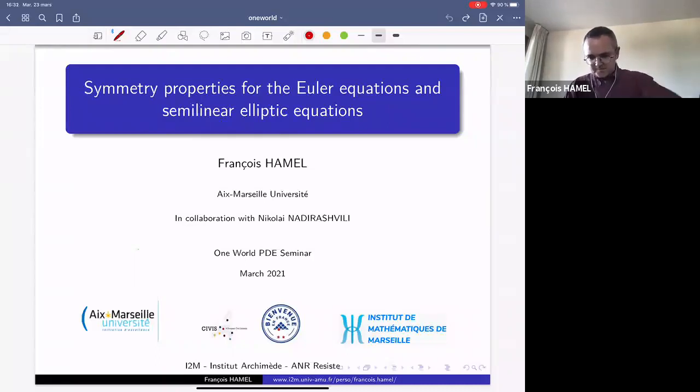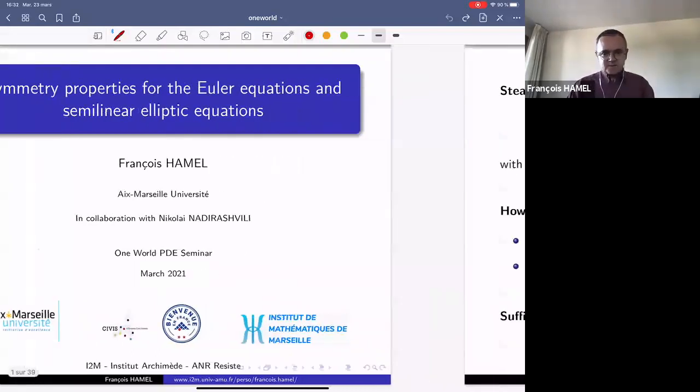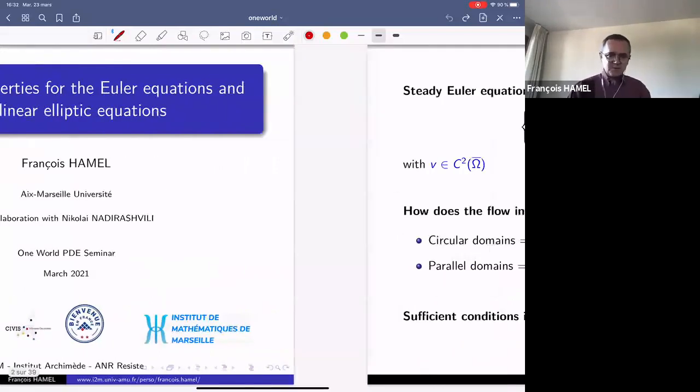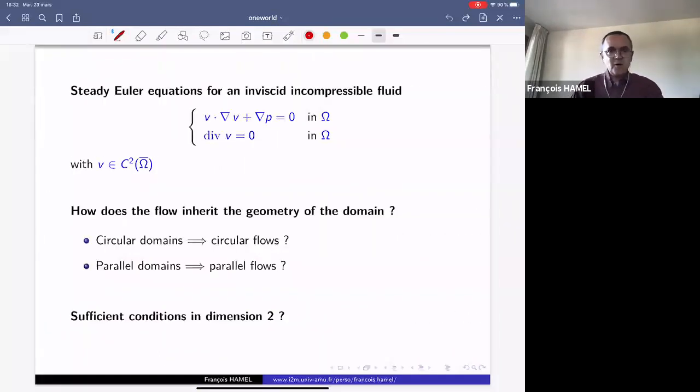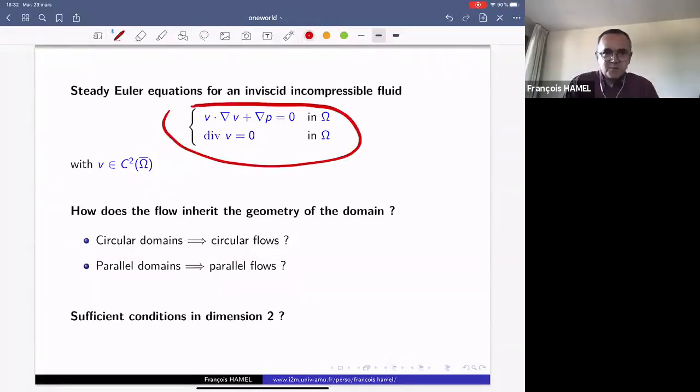I will talk on the steady Euler equations for an inviscid incompressible fluid, which can be written this way. Here in my talk, v denotes the flow, which is not the usual notation for the experts in Euler equations, but I'm using v for the flow.